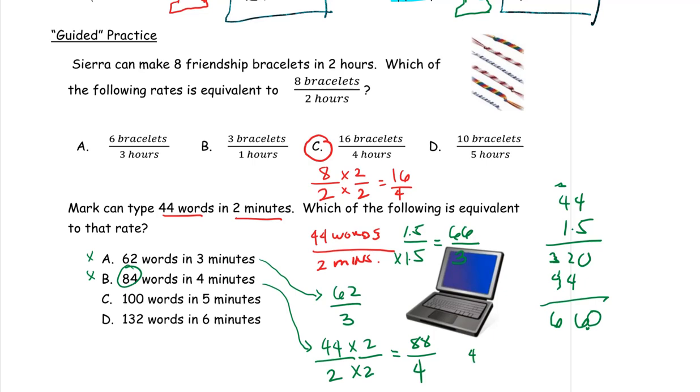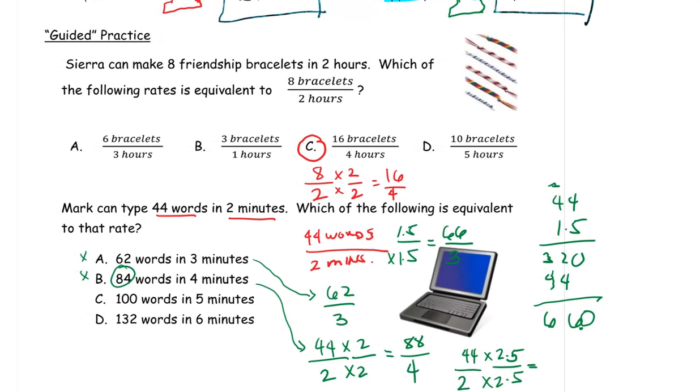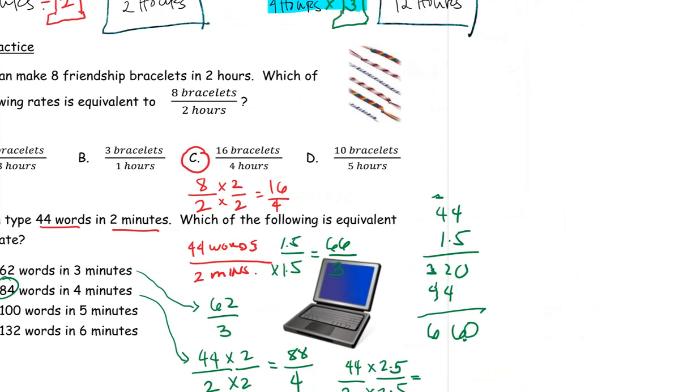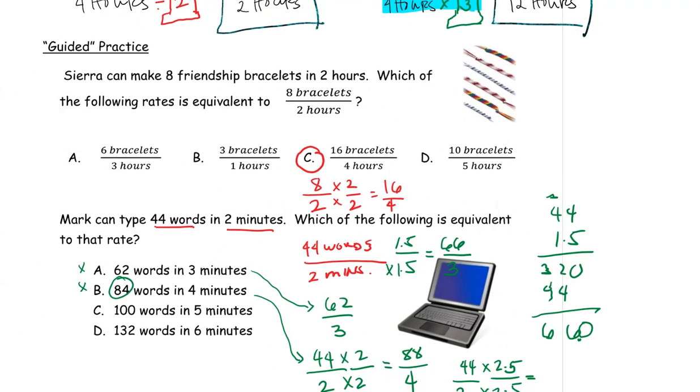So for letter C, what you did there is you multiply the denominator by 2.5. So you also need to multiply the numerator by 2.5. So if you're gonna do that, yeah, indeed, it gives you the denominator of 5, but you have 44 times 2.5.